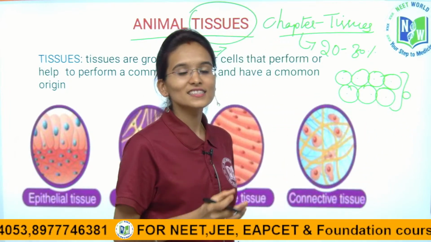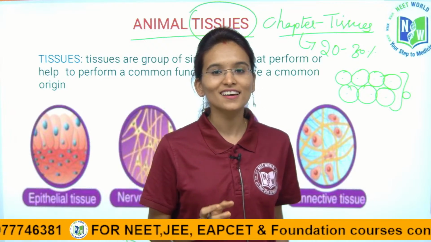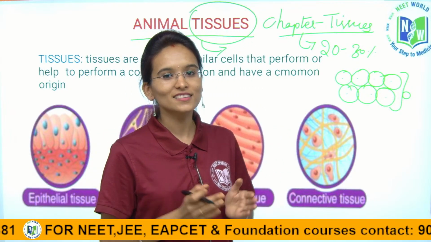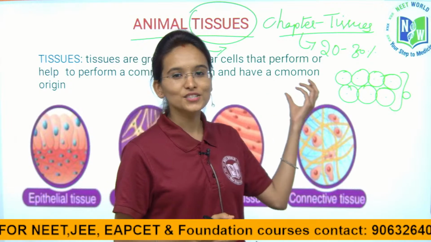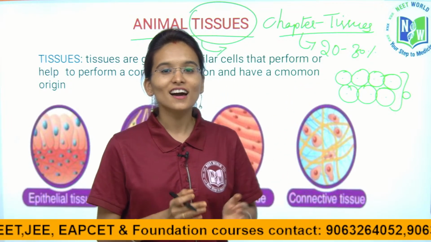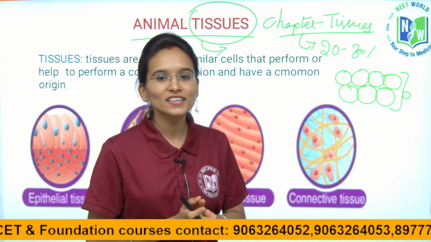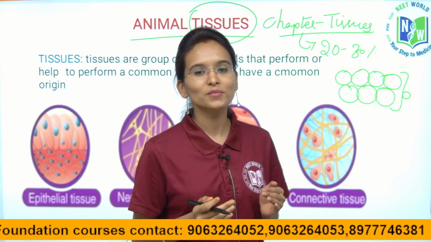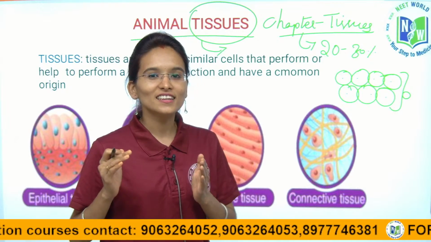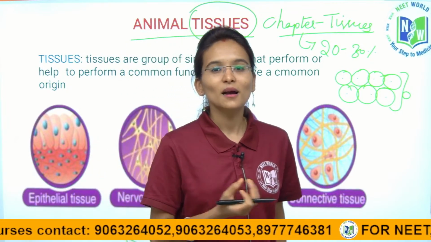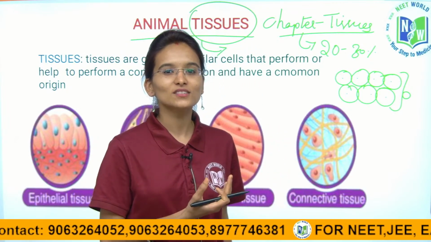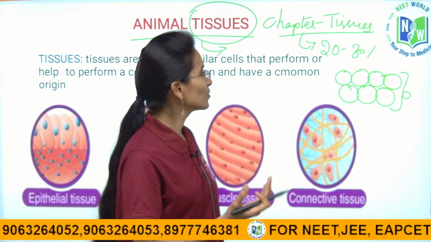When cells are similar in structure and function, they aggregate and form tissues. As you already know, groups of tissues coordinate together and form different types of organs, then organ systems, and then the complete individual, which is called an organism. This you all know.